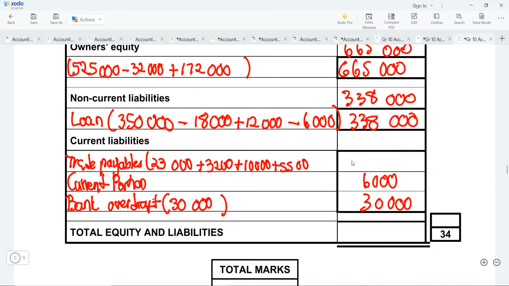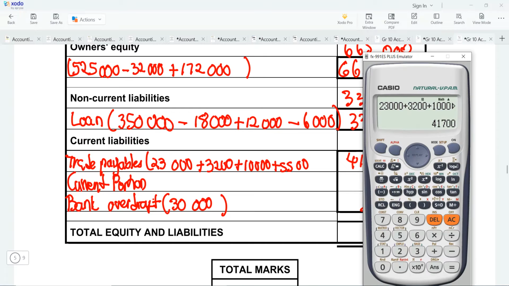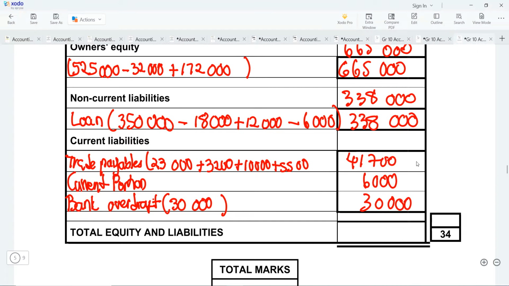So we're going to write that 41,700 here, and then from there you verify your information. 23,000 plus 3.2, and then also plus 10,000, and then also plus 5.5. It is still giving us 41,700. So meaning that our calculation are up to par.